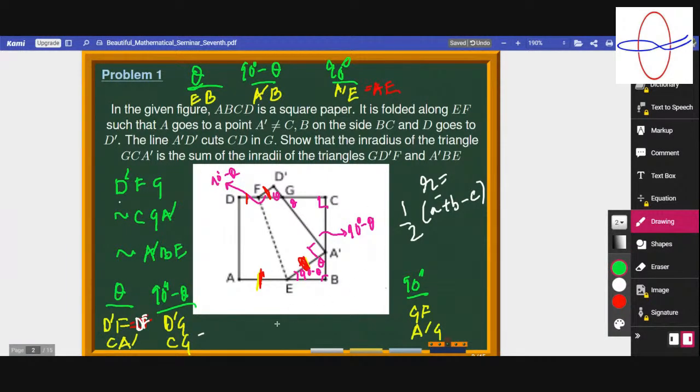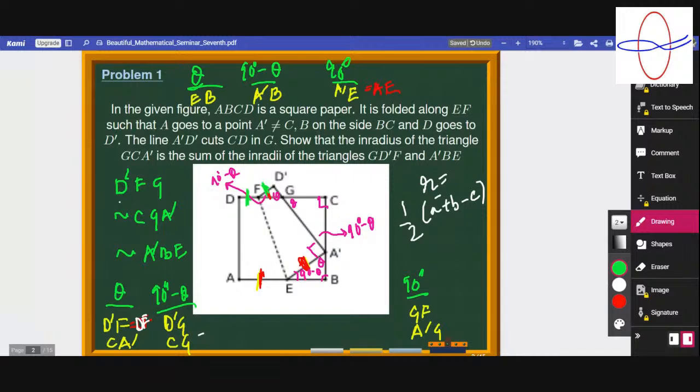So what can we get out of here, guys? These two are equal, these two are equal. So what can we really get out of here? We have to use this corresponding aspect, right? Otherwise there is no use of it. So therefore, what do you get?